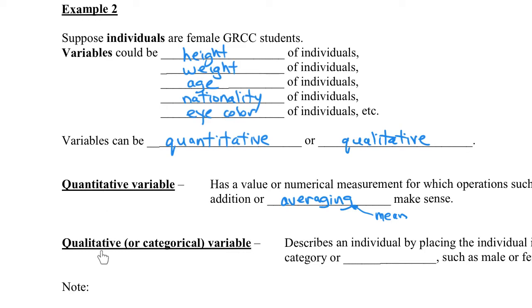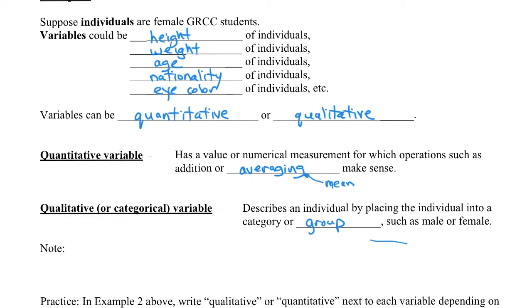Okay, qualitative variable, which our book will use this phrase qualitative variable, but many other books will call it a categorical variable. Okay, so qualitative or categorical means the same thing. A qualitative variable describes an individual by placing the individual into a category or group, such as male or female.